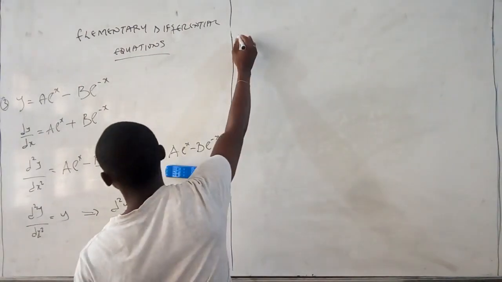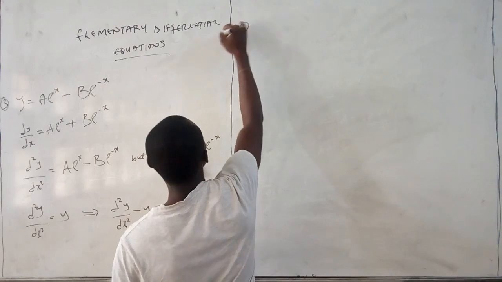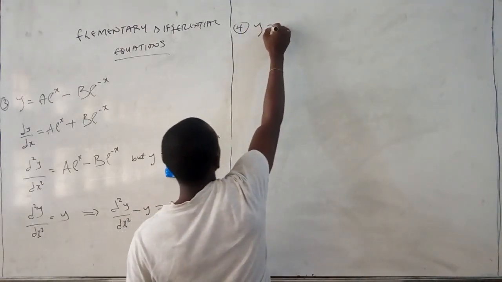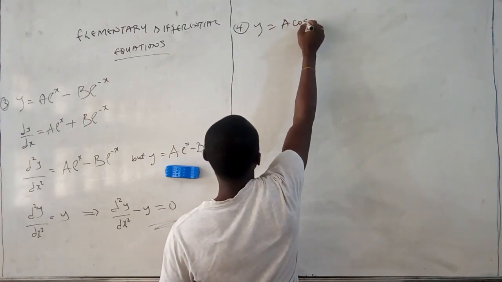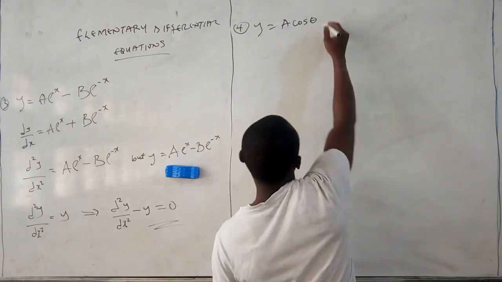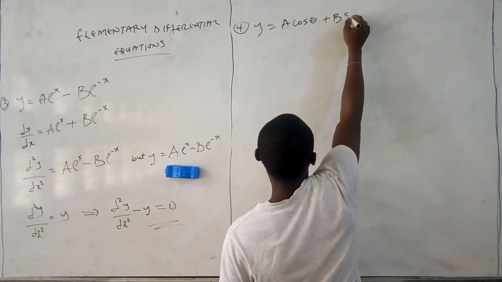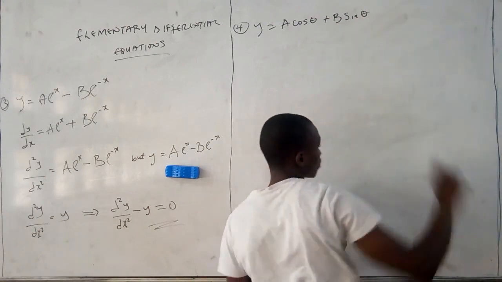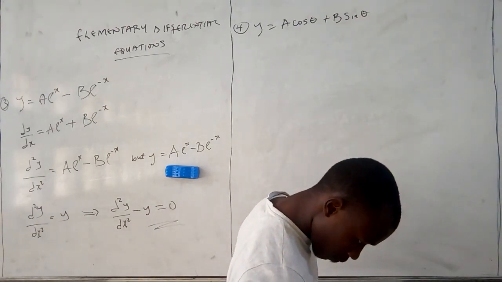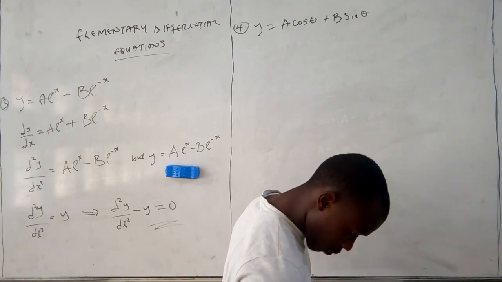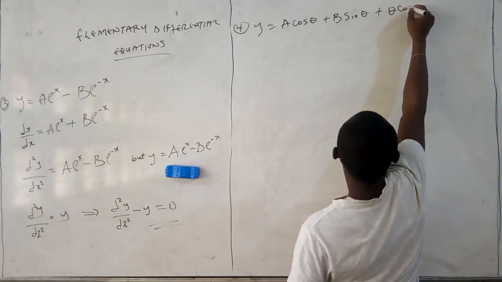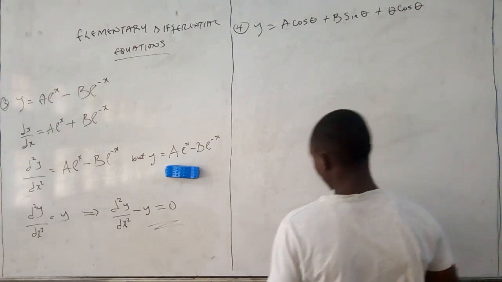Let's take one more example. y is equal to A cos theta plus B sin theta plus theta cos theta.